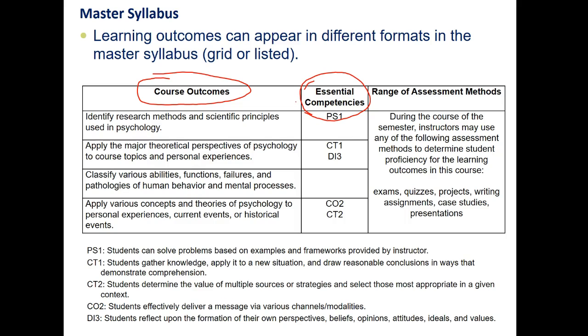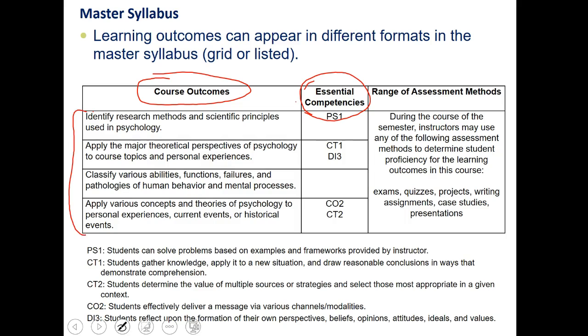The essential competencies are the broader learning outcomes, the goals of education at Heartland in general. Those essential competencies fall into 4 categories: problem solving, critical thinking, communication, and diversity. The sample you see on the screen is from an Introduction to Psychology course.